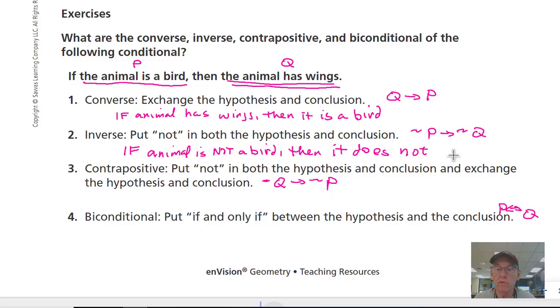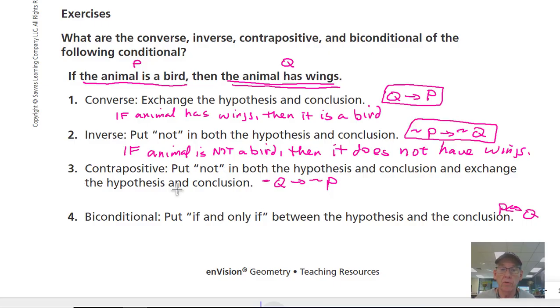Once we formed the new form, if we needed to check those, we would have to evaluate each one separately in terms of its truth value. But just to form the inverse, you have not P implies not Q. So you just add nots to the P and you add nots to the Q, nots to the hypothesis and nots to the conclusion.